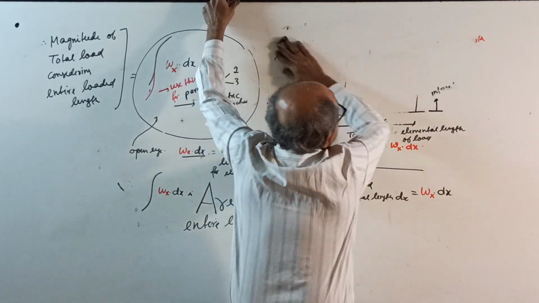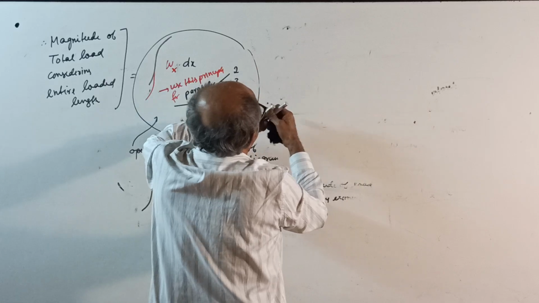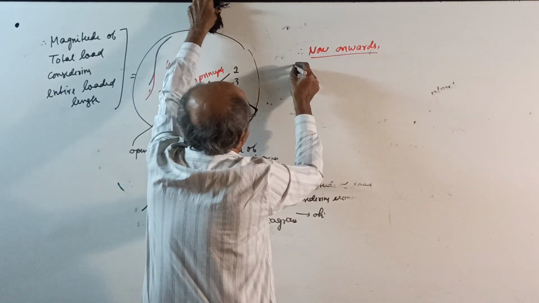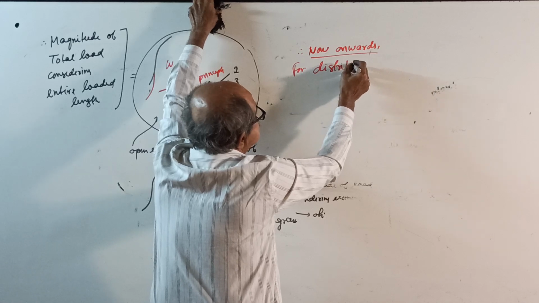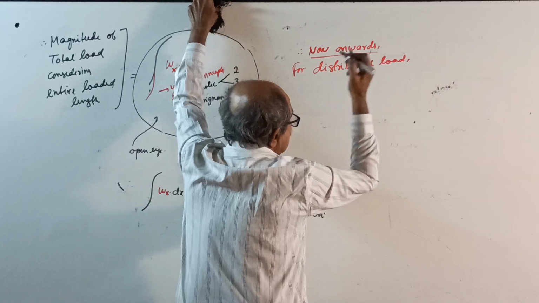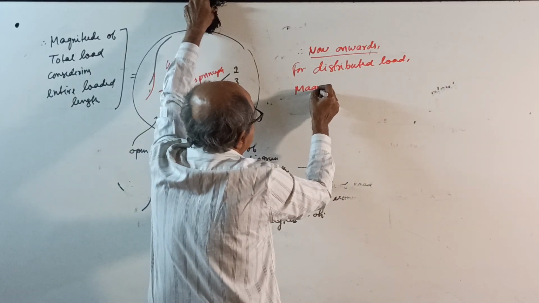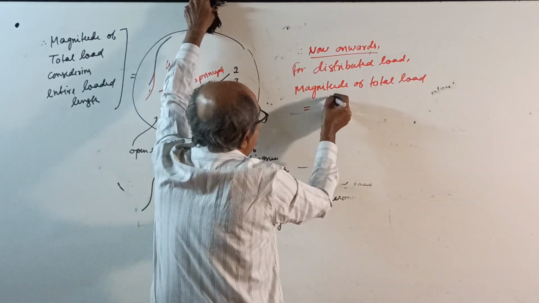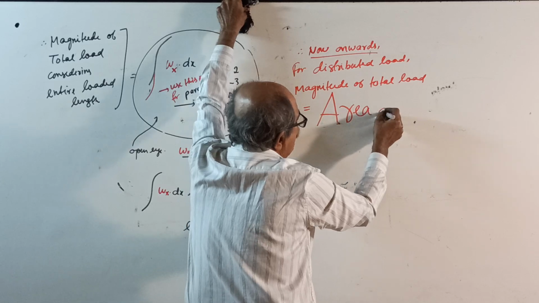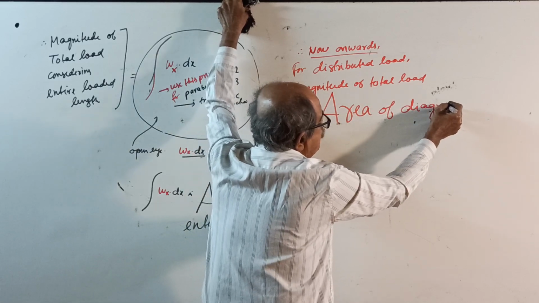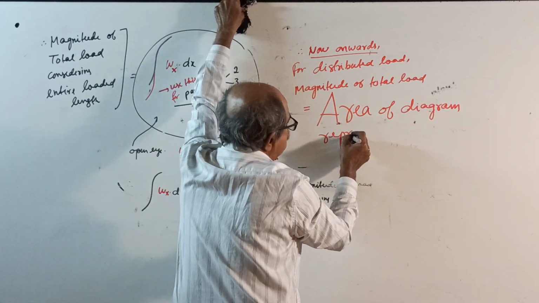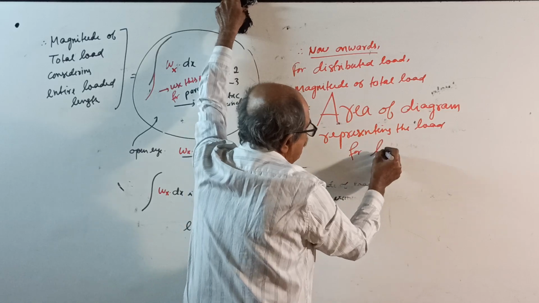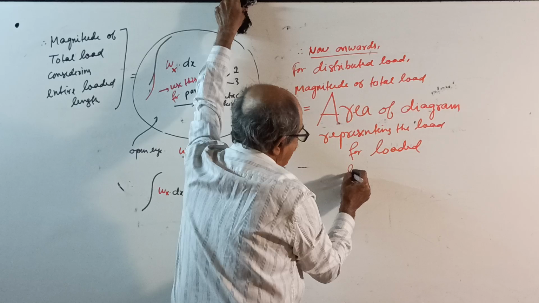Therefore, I write here, now onwards, for any distributed load, the magnitude of total load equals the area of the diagram representing the load for the loaded length considered.